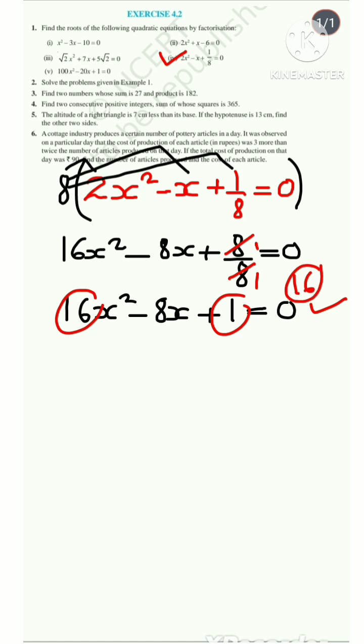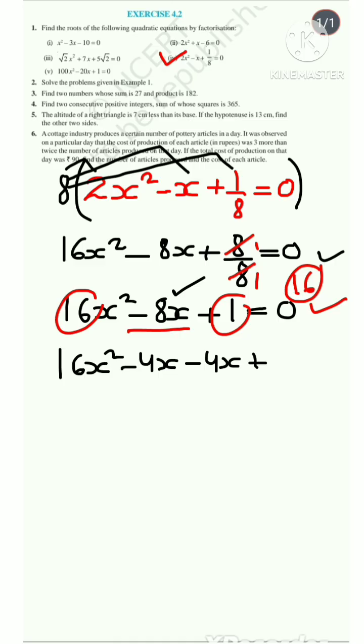Now, 16x square, here minus 8x can be split into minus 4x minus 4x, because when we multiply minus 4 and minus 4, then we obtain plus 16, and when we add minus 4 and minus 4, then we obtain minus 8. And this plus 1 as it is equal to 0.